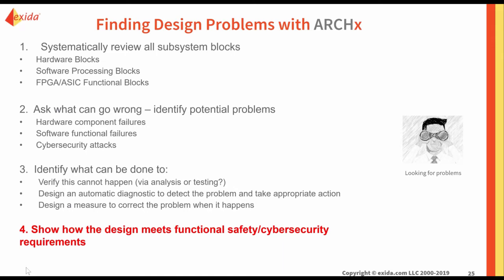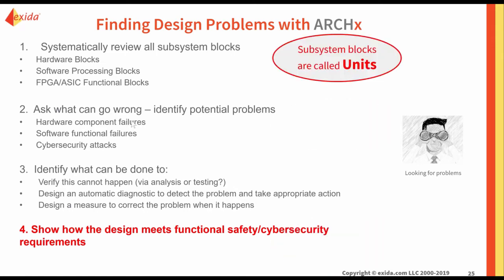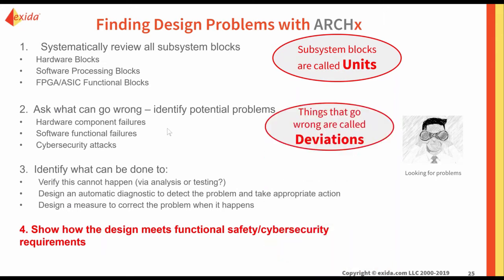Well, we review all the blocks. In ARCHx, we call the blocks units. For every unit, we ask what can go wrong with this unit and identify potential problems. We call those deviations. Yeah, it comes from that sentence, deviation from normal operation.